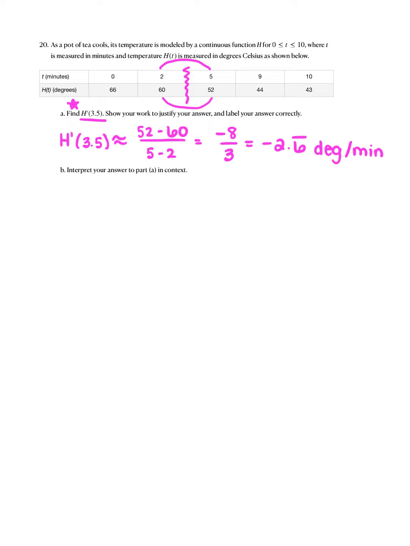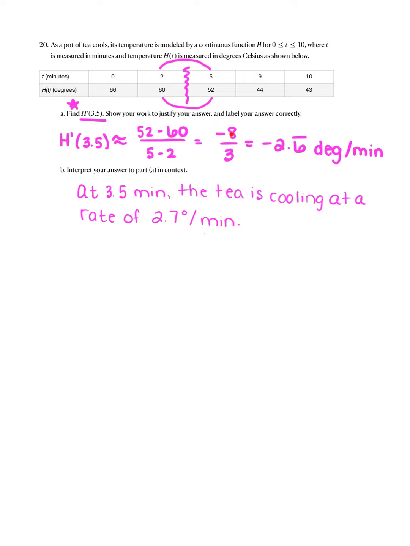This is saying that at 3.5 minutes, the tea is cooling at a rate of, I'm going to say 2.7 degrees per minute. Or we could even backtrack to here, and say this is telling us that we're losing 8 degrees every 3 minutes.